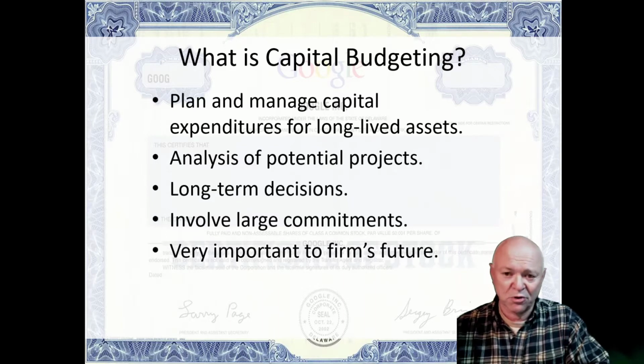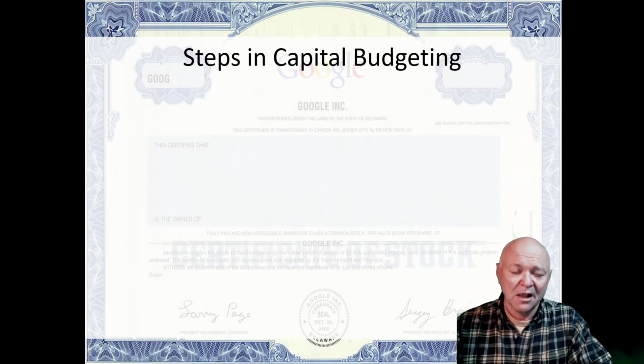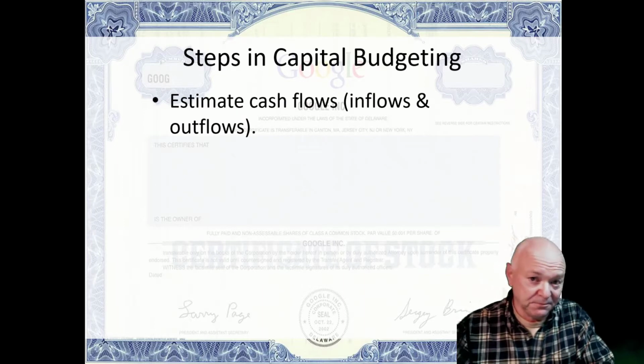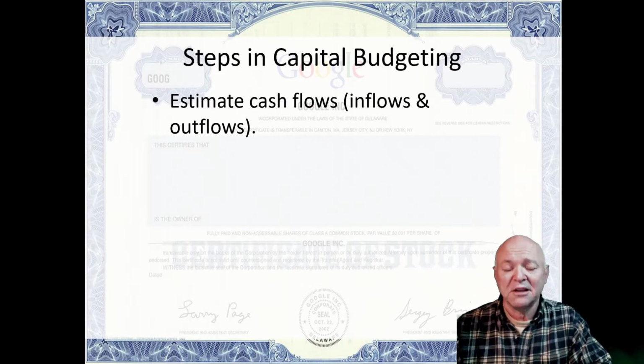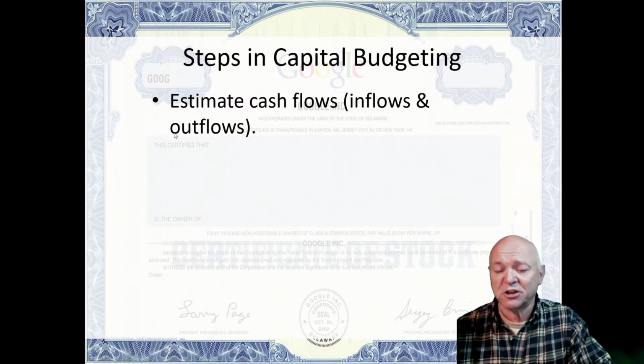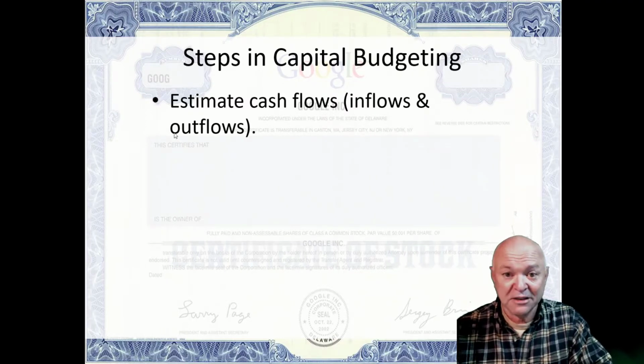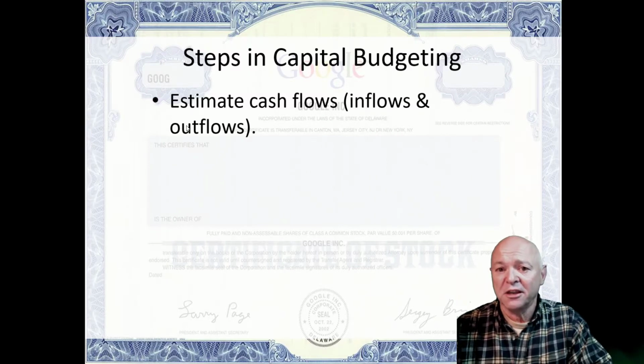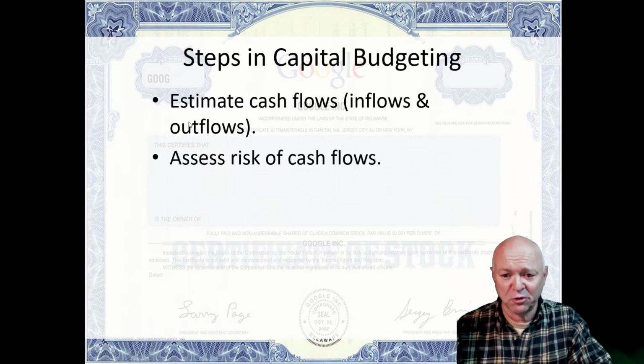disadvantage within the organization. The steps in capital budgeting start off with forecasting, estimating the cash flow within the organization that will result from the new project's implementation. The inflows and, of course, the original capital expenditure, the major outflow.